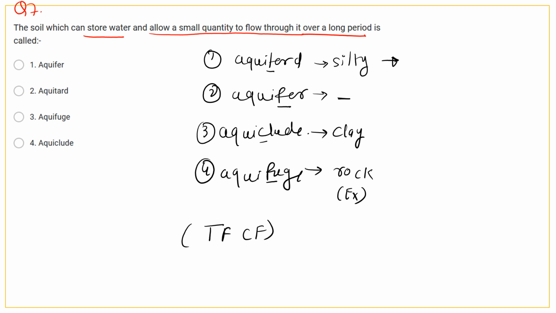Next, how to identify which is aquifer, aquitard, aquiclude and aquifuge. For that, first this structure is porous and non-porous. Okay, then porous and less permeable.